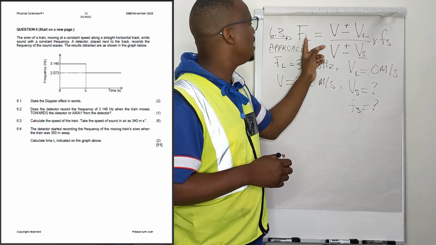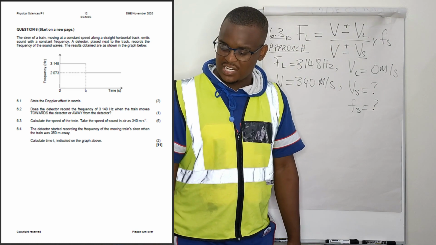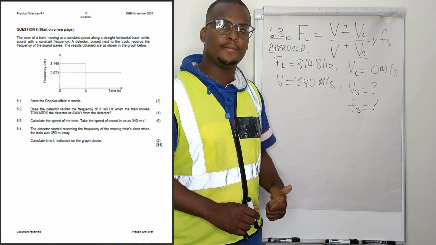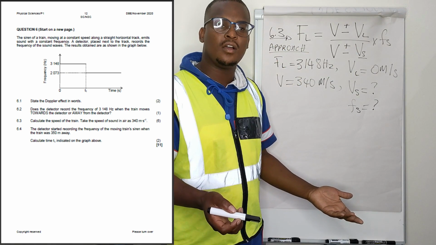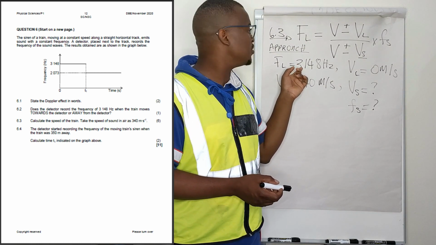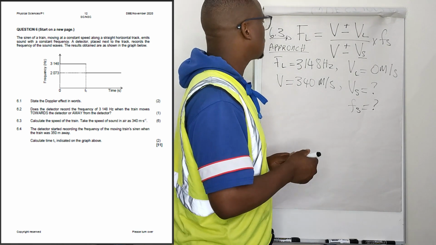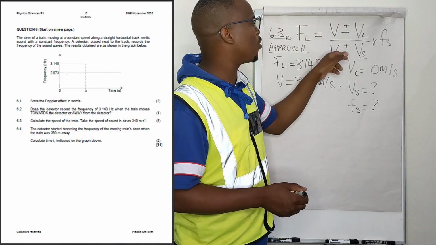In this case, our source of sound, which is the train, is approaching the detector. So now the observed frequency will be higher, as we know. That's why we took 3,148 as the higher frequency. So now what are the signs that we're going to use here?